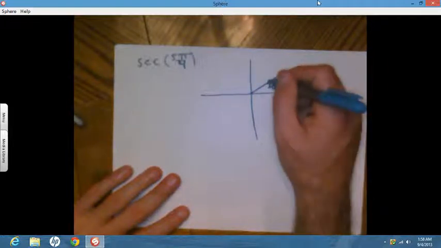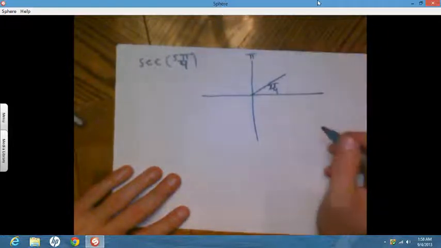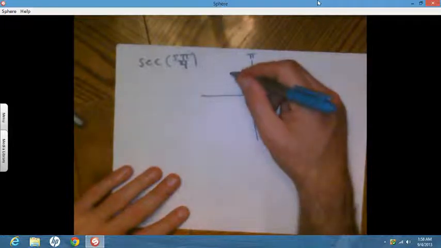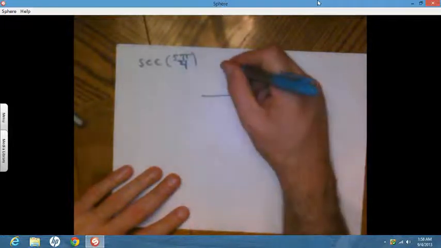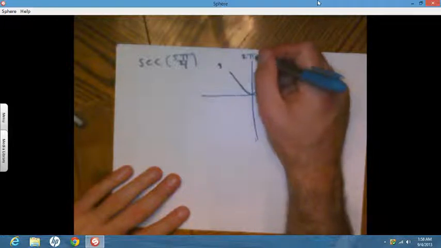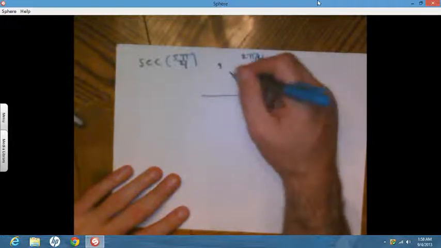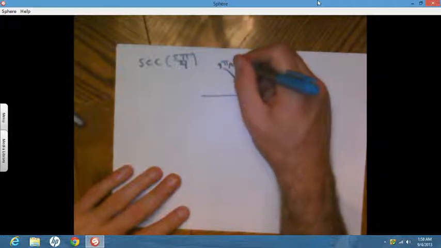And here is pi over 4 times 2, which is pi over 2. And if we go forward, here's a 3 pi over 4. So this is, say, 2 pi over 4, which is just pi over 2. This is going to be another 45 degrees, which is going to be 3 pi divided by 4, right?